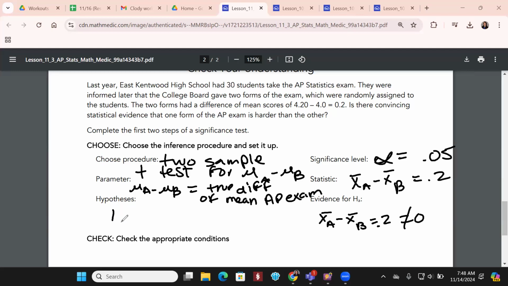And then our hypotheses: H0 is equal to 0, and HA does not equal 0.